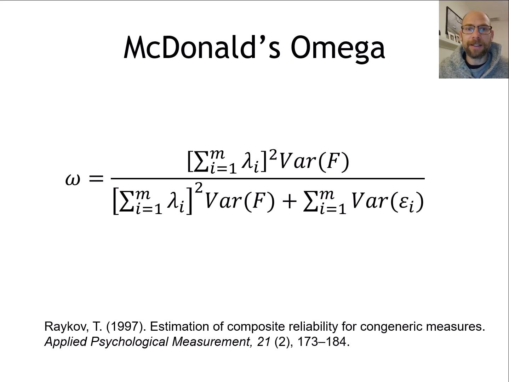And so you can see this here from the formula for McDonald's omega, where we have the lambdas, so the factor loadings, meaning different variables can have different factor loadings, and that needs to be taken into account when we compute the aggregate of the reliability across M test components.